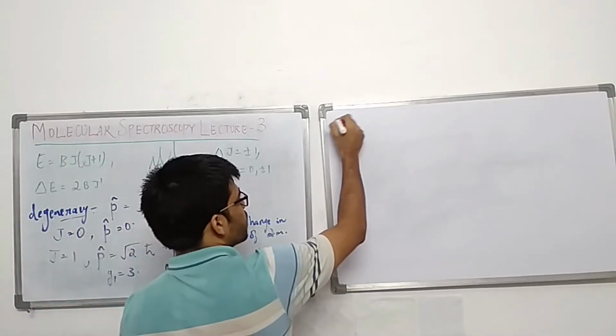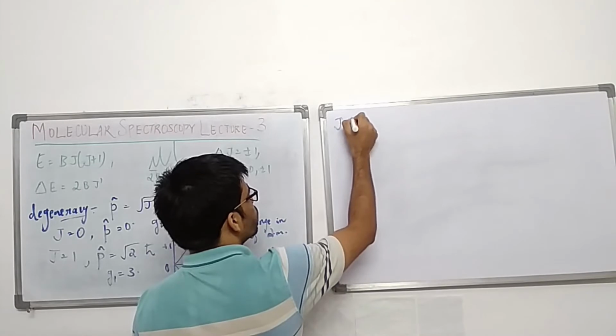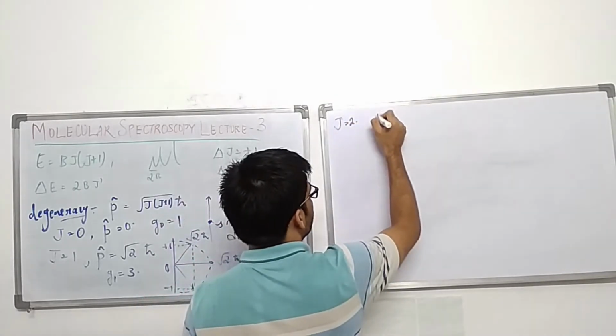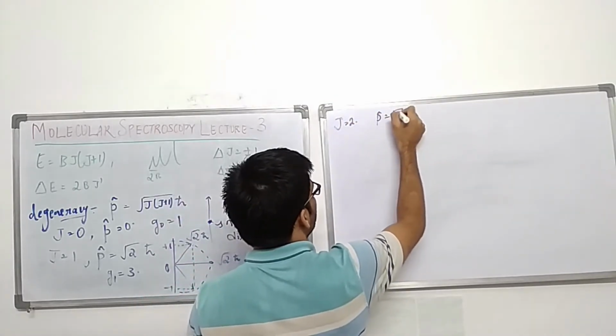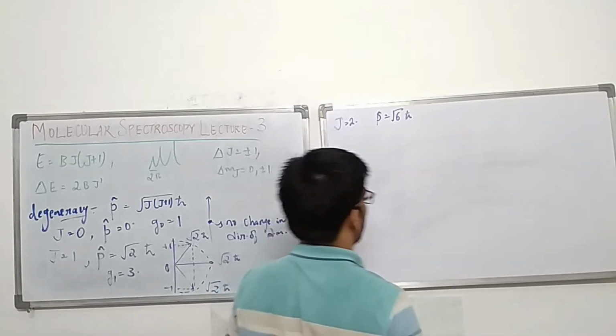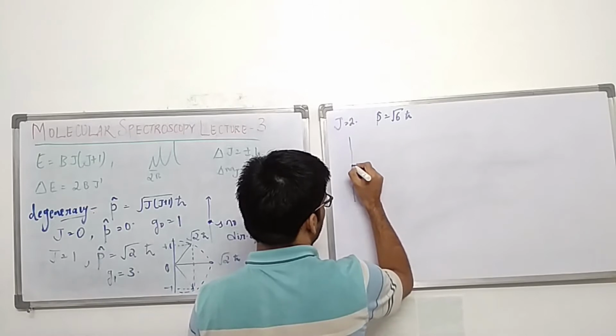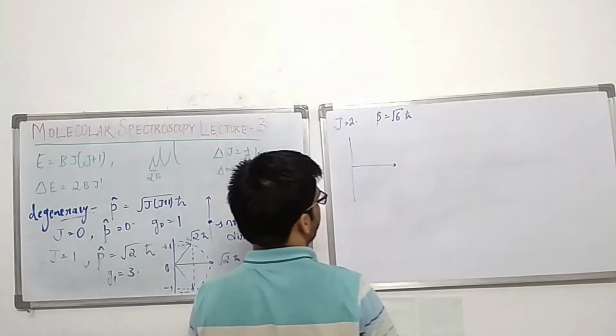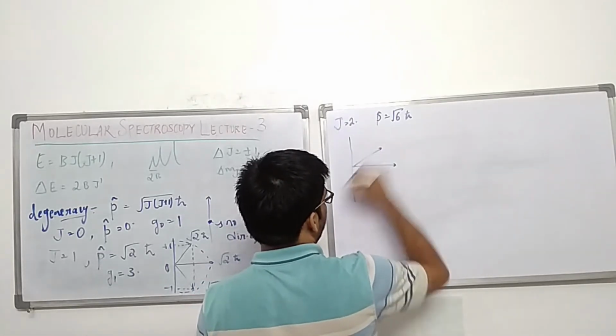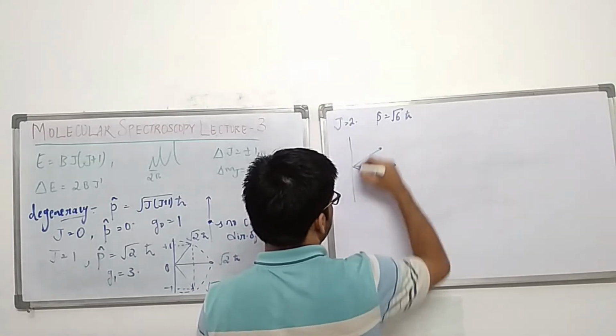Similarly, if you take the case of J equals 2, you would get P to be root 6 h cross. And how can we represent this rotation? Let's say you have this. Next possibility is this.